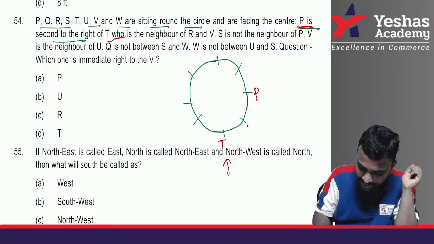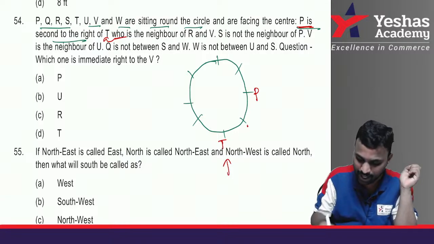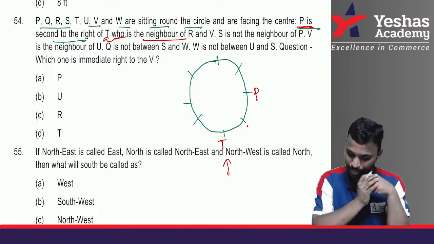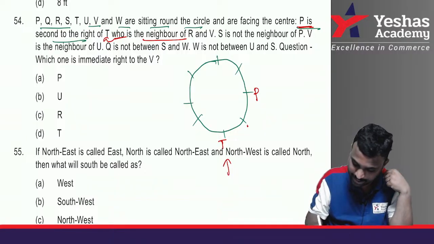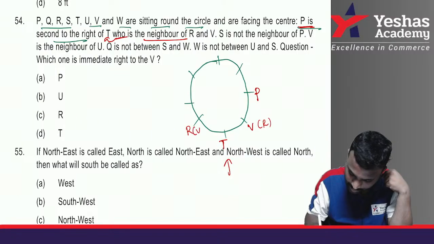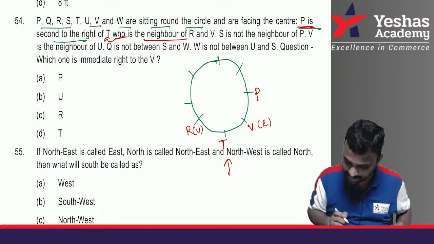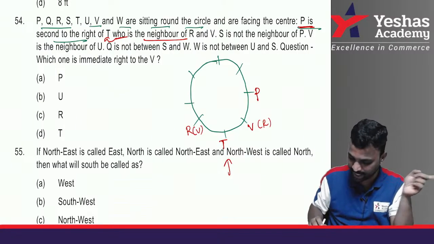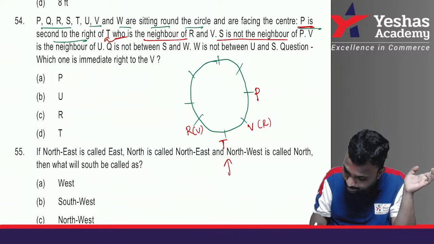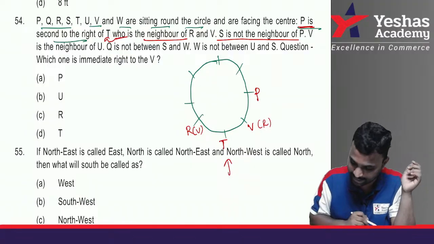Who refers to the second person? The second person is T only. T is the neighbor of R and V, sorry. See, R and V position could be this or this. For that, we will check which side R is and which side V is. S is not the neighbor of P, so we can't mark it as of now.